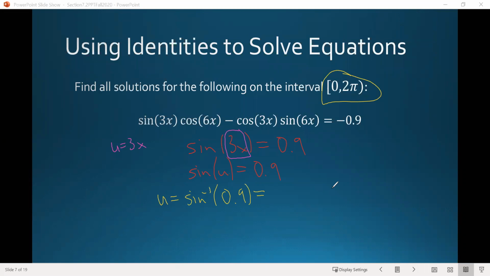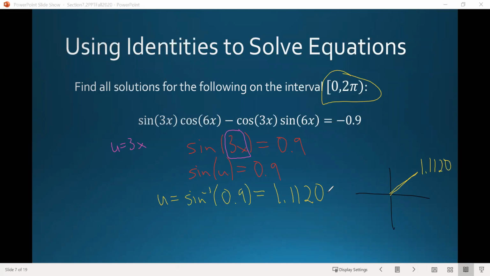When we do inverse sine of 0.9, we get 1.1120, which, if we think about our quadrants in the unit circle, since we took the inverse sine of a positive number, is going to give us an answer in the first quadrant.